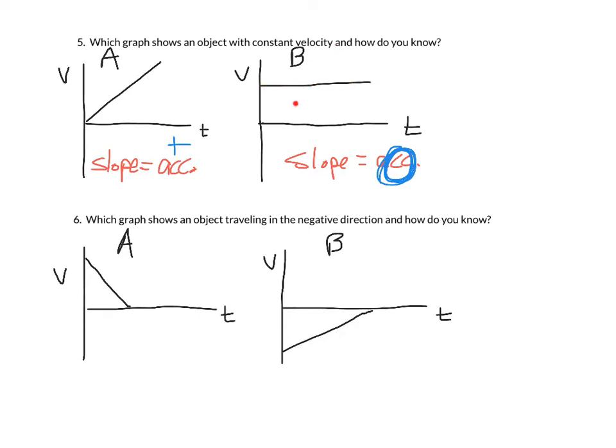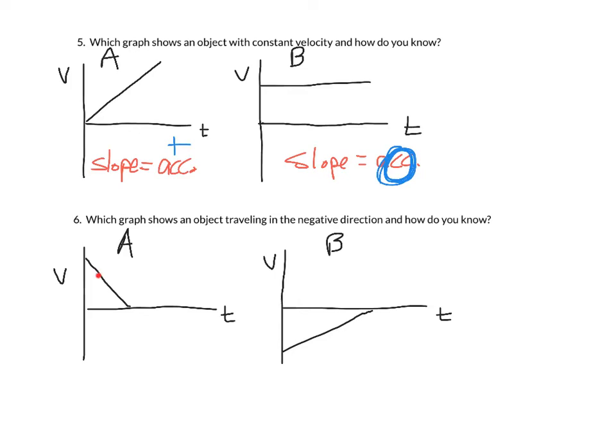Not going up, not going down, not getting faster or slower. Staying the same. That's constant velocity. No slope means zero acceleration. Constant velocity. Here, we have a slope. That means acceleration. Got it?